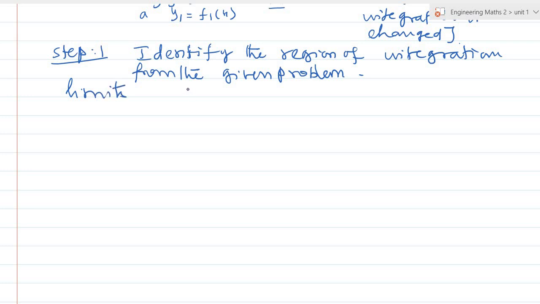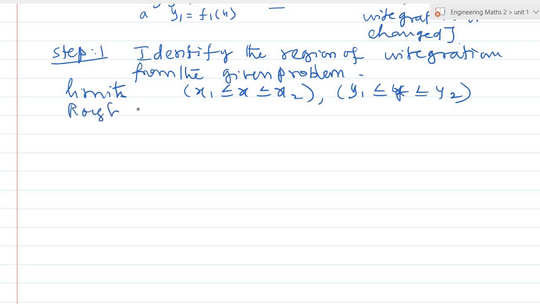That means x limits: x1 less than or equal to x less than or equal to x2, comma y limits: y1 less than or equal to y less than or equal to y2. Then you have to draw the rough diagram for this. From the rough diagram you have to identify the region of integration from the given problem.